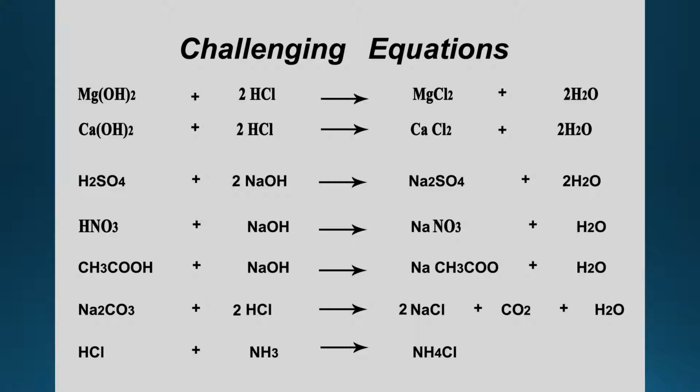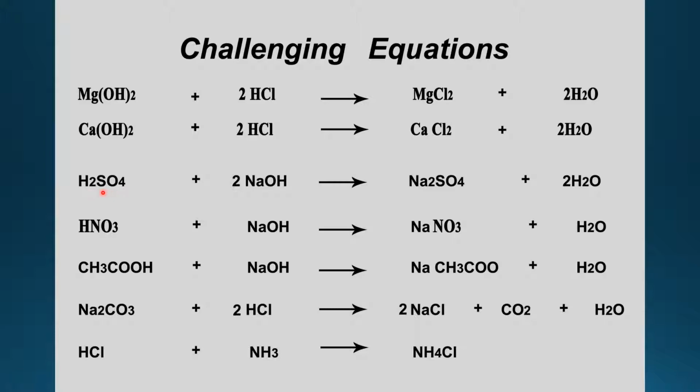For example, magnesium hydroxide, I saw students who forgot that it's 2, because Mg2 plus, OH is 1 minus, and the balancing salt is MgCl2, and you need 2 acid to balance. Same as calcium hydroxide, students forgot to write the 2, so they have the wrong balancing, and you need 2 HCl, and calcium chloride has a 2.